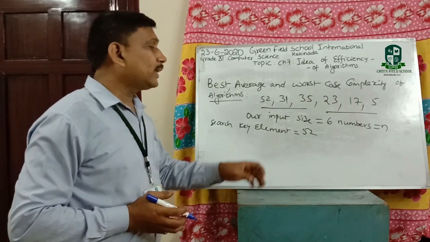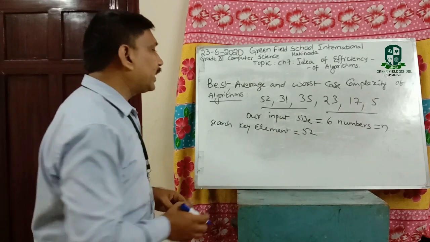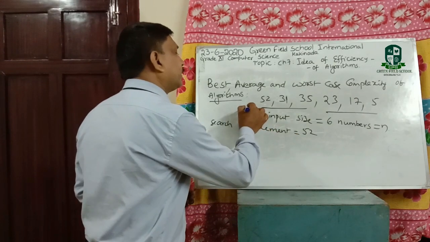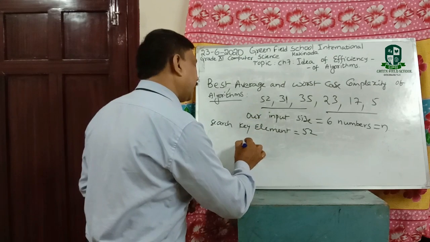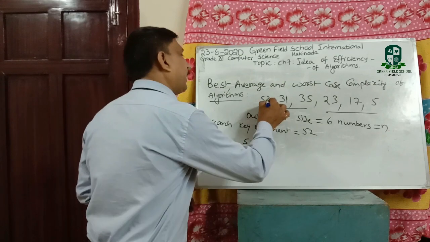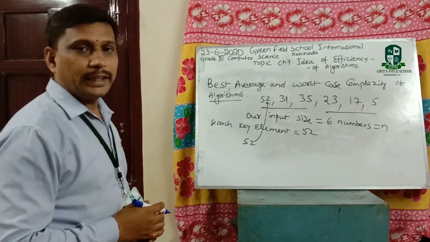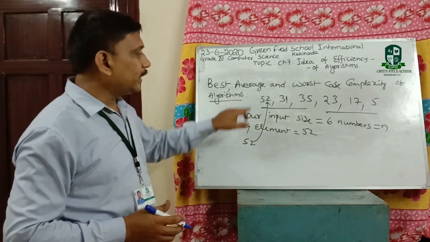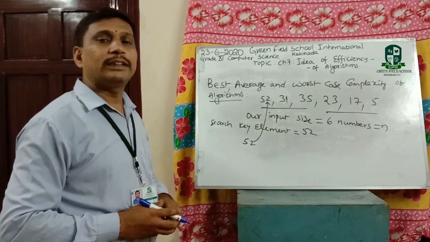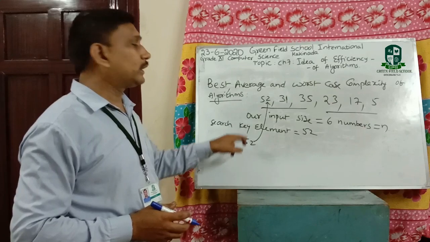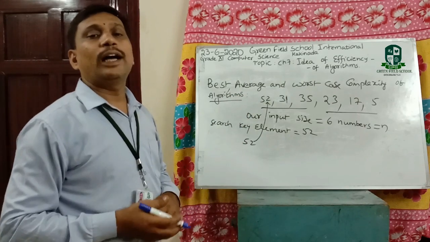Starting from 52, my key element is compared with this one. In the first case, when I compare this element with this element, both are matched.